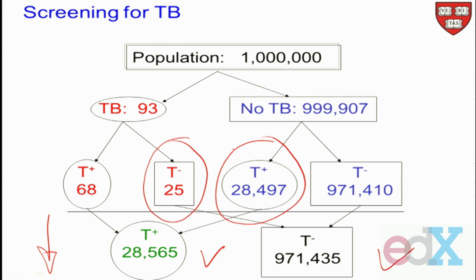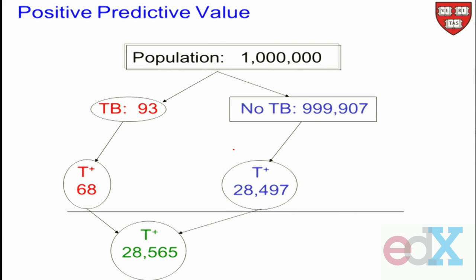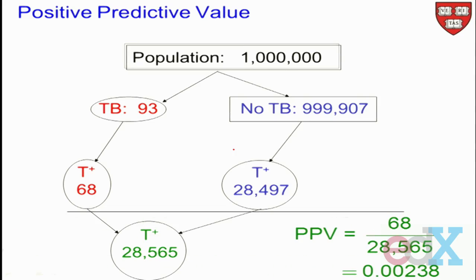Typically, we are interested in finding out how many of these positives are truly positive. And what we have here, remember that was called the positive predictive value, and what we have here is that 68 of the 28,565 are true positives.